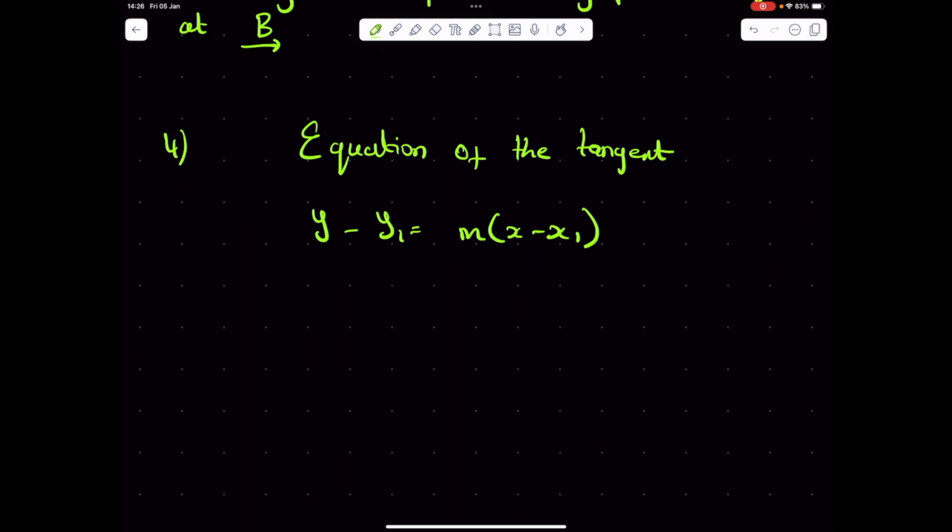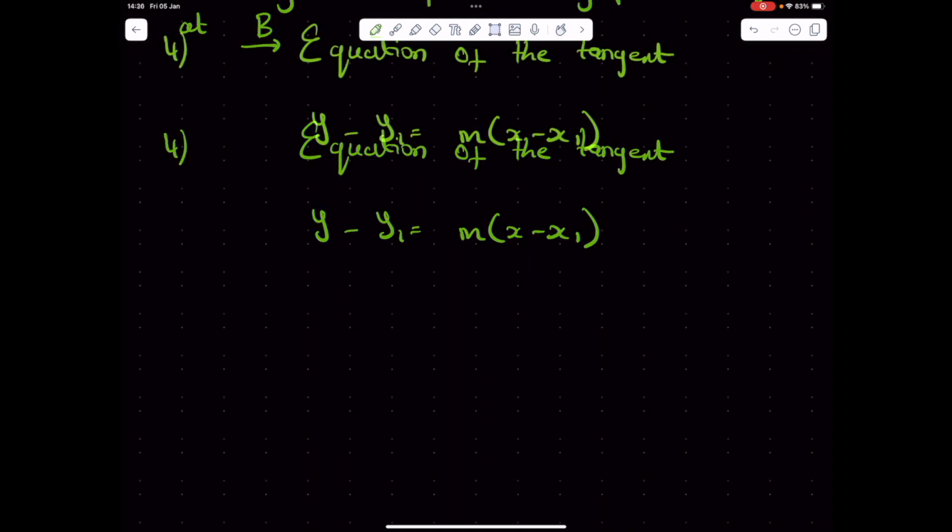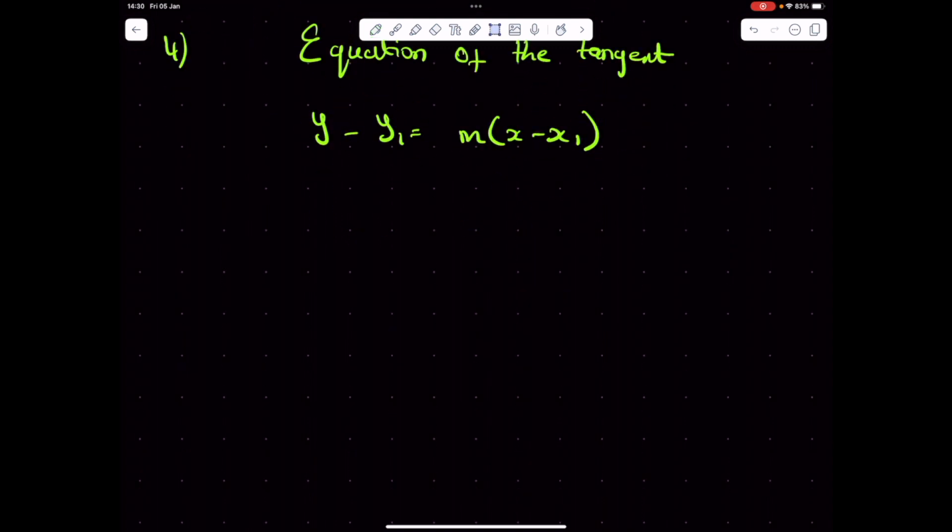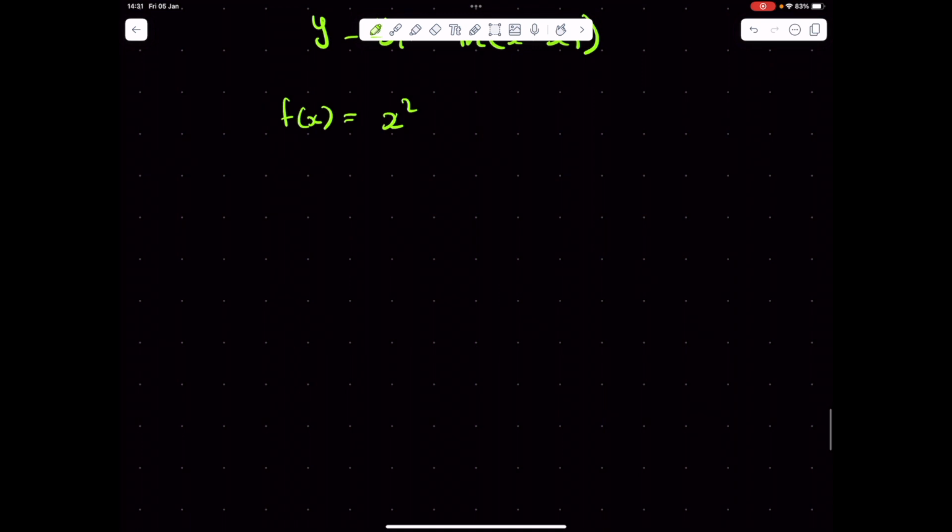So what is the m of the tangent? Remember, we already got m, but we can do it again. To get m, we'll derive one of the two equations. So f of x is equal to what? X squared, right?